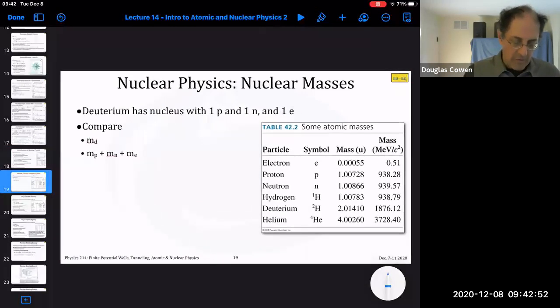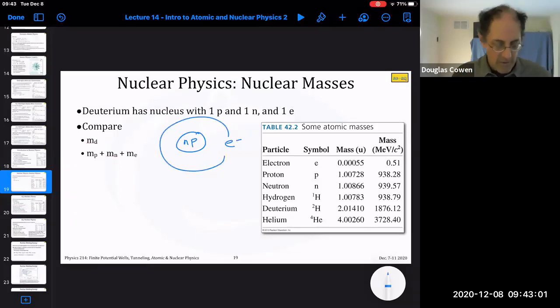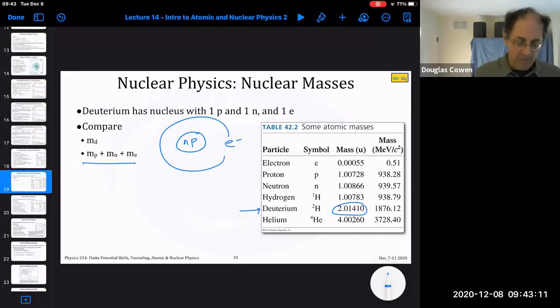Let's focus on deuterium, actually. So again, it's a proton and a neutron in the nucleus, and then an electron around it. And let's compare the mass of deuterium, which is given by this number here, with the mass of the individual particles, nucleons and electron, that make up deuterium.